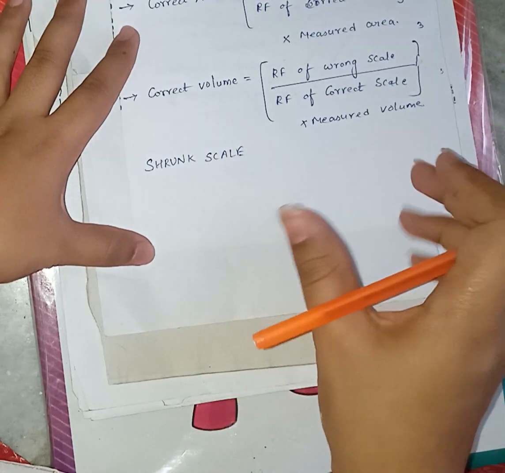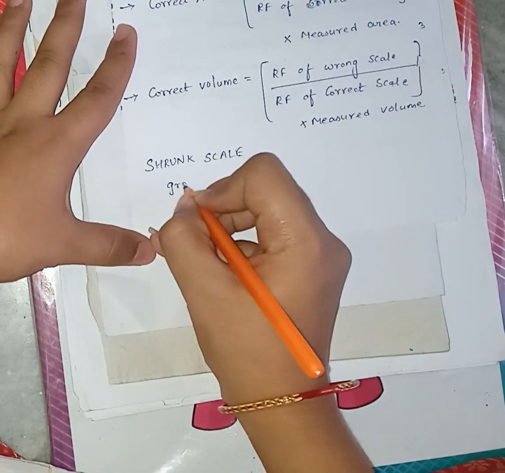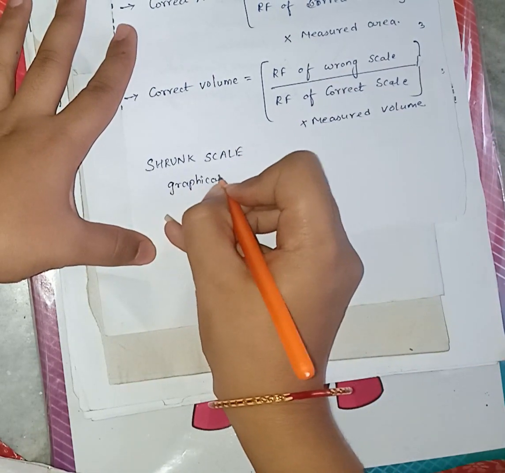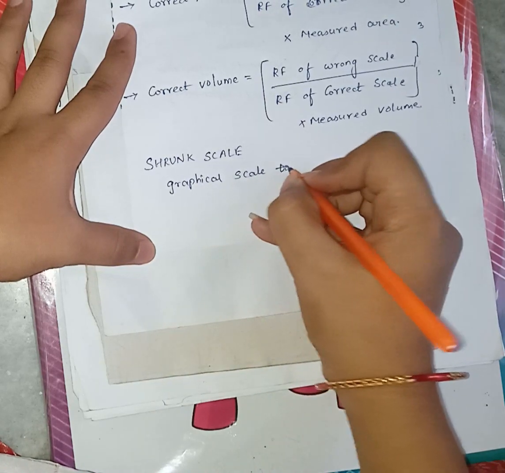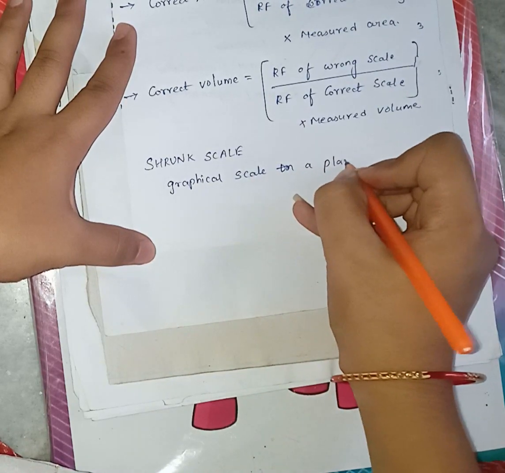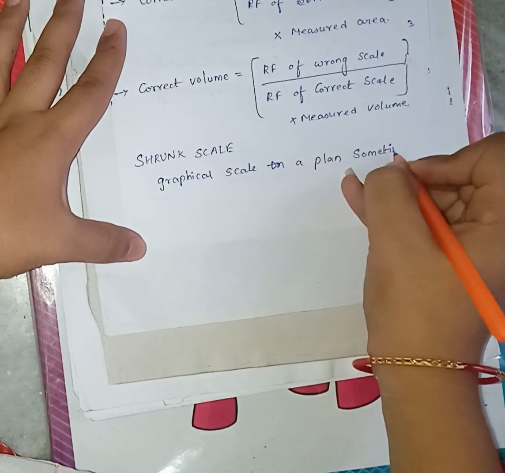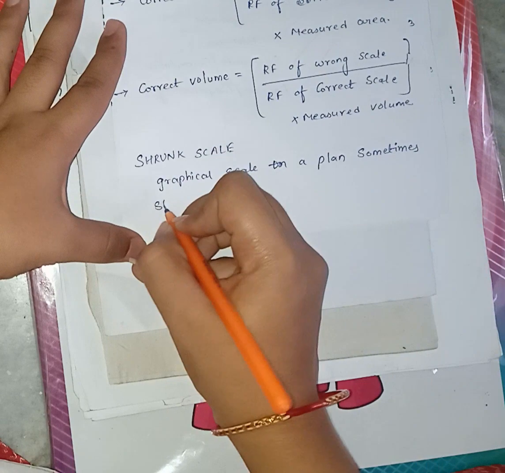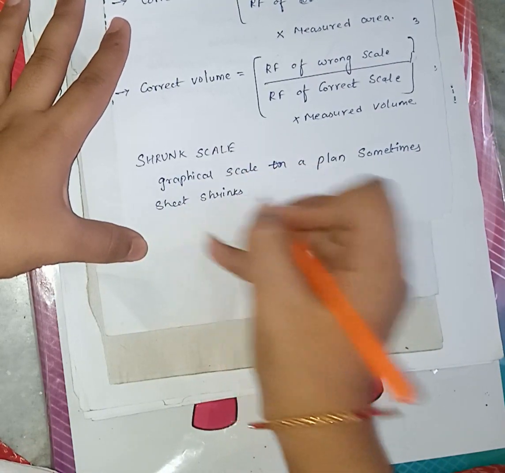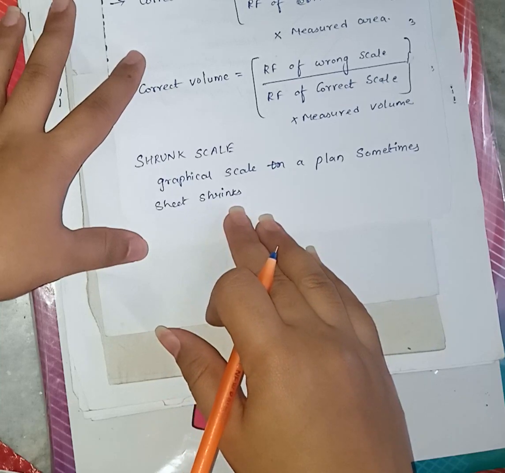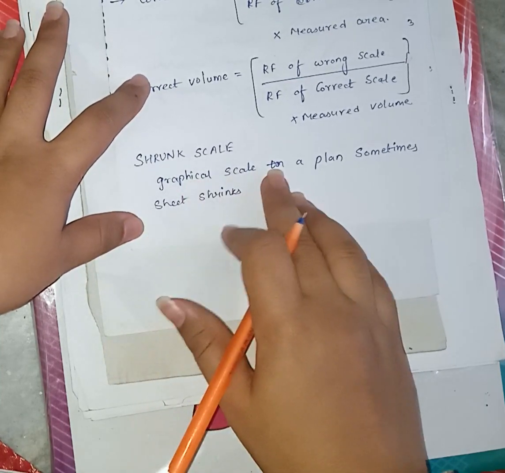Whenever we are drawing a graphical scale on a plan, sometimes the sheet may shrink. Whenever the sheet shrinks, the scale will get changed. That scale is known as a shrunk scale.